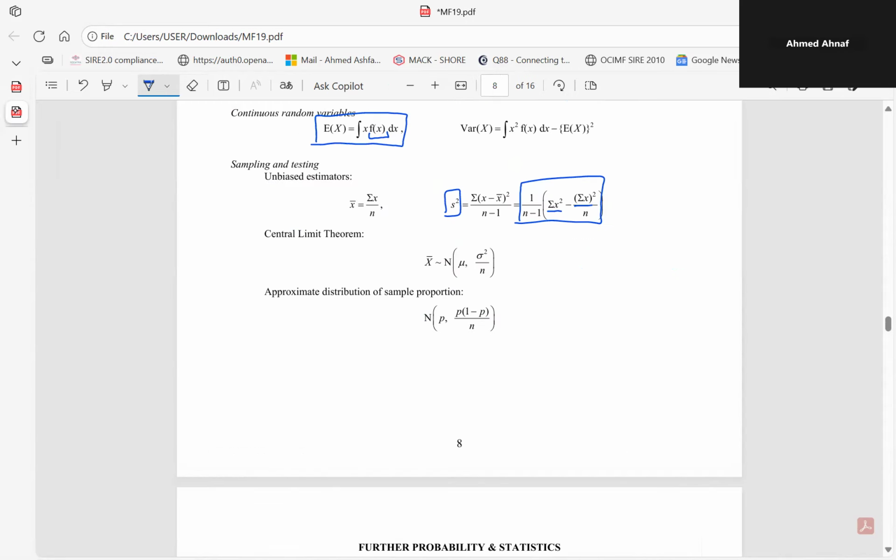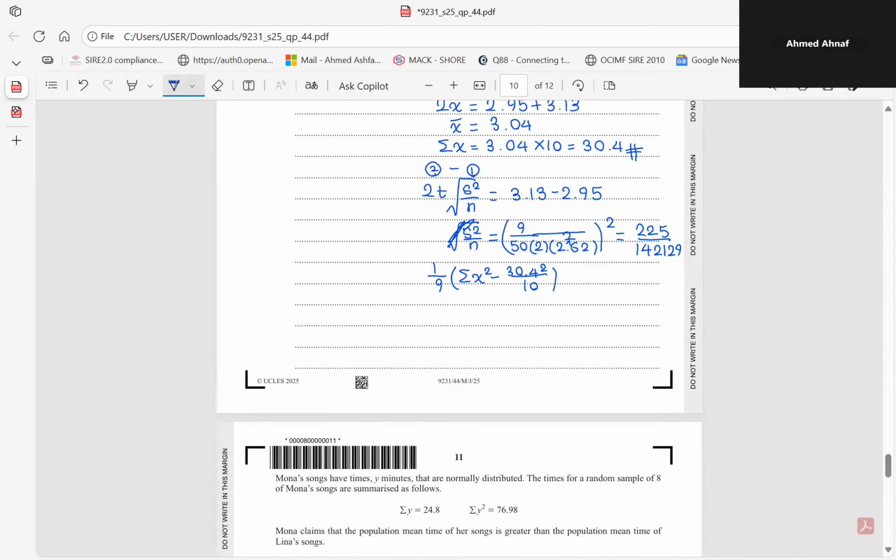That equals this thing times n, so times 10, that's 2250 over 142,129.